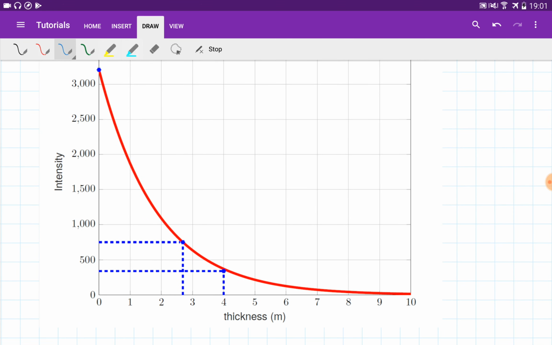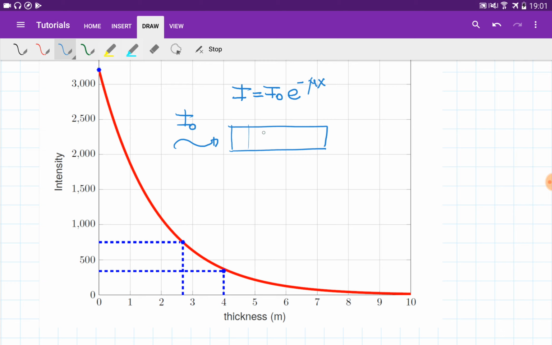If I draw this formula, I'm going to have roughly this kind of graph. This is the graph when I is equal to I0 e to the power of minus mu x. So let's assume that I've got a beam with incident intensity level I0.